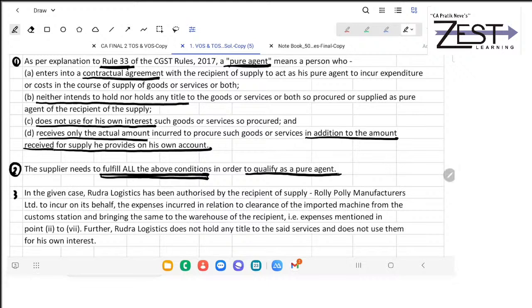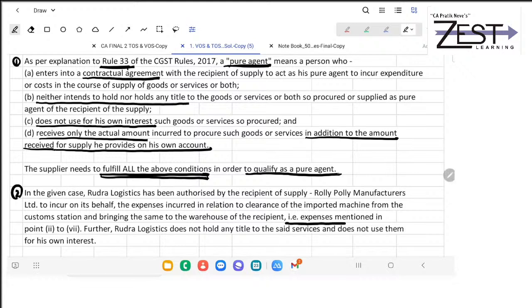In the given case, so you can say that this could be the second point. Rudra Logistics has been authorized by the recipient of supply, Rolly Poly Manufacturers Limited, to incur on its behalf expenses in relation to clearance of the imported machine from the custom station and bringing the same to the warehouse of the recipient.